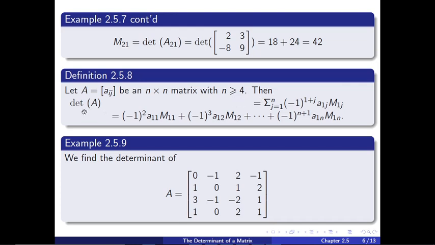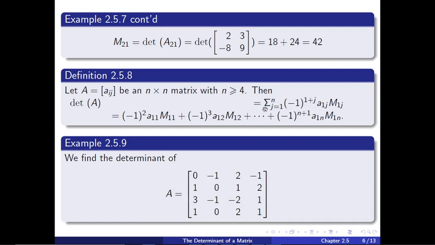Then the determinant is going to be equal to, this will be corrected in the slides that will be posted, right? So determinant A is equal to the summation from j equals 1 of minus 1 to the power 1 plus j of a1j times M1j.